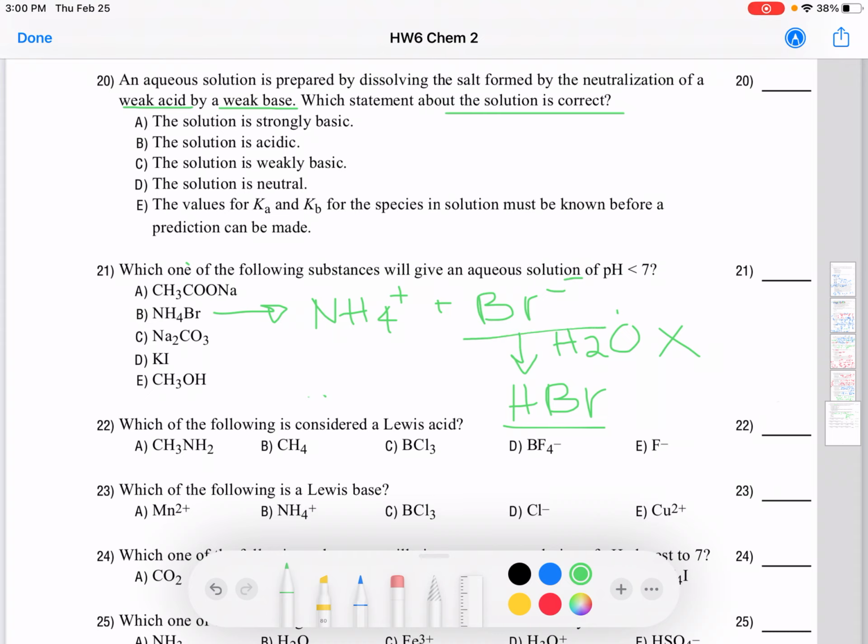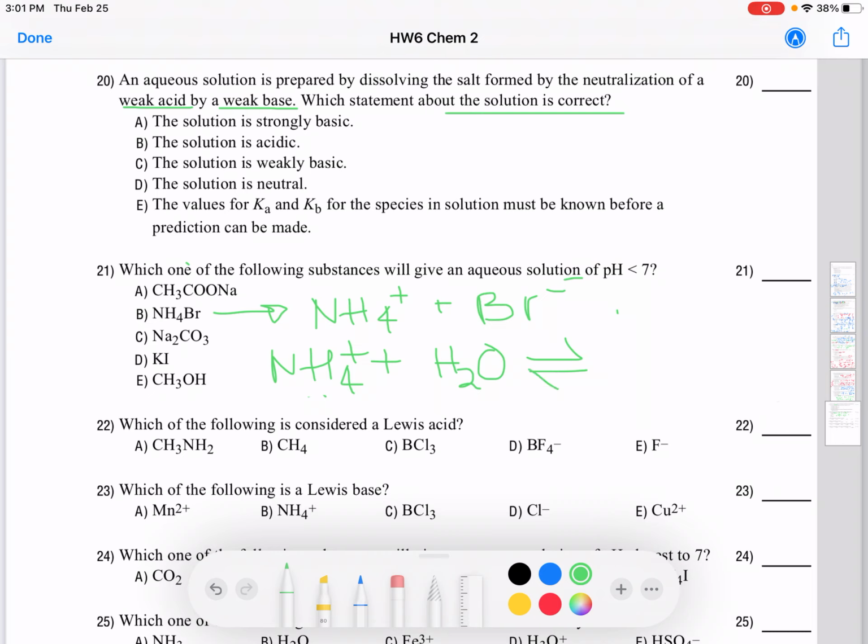What about the ammonium ions? What's ammonium going to do? It's the cation of the weak base ammonia. So ammonium ion reacts with water.